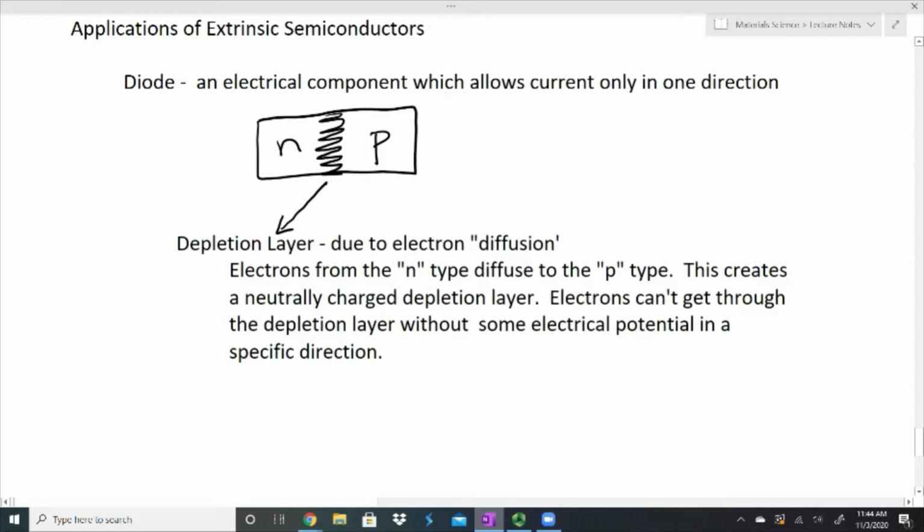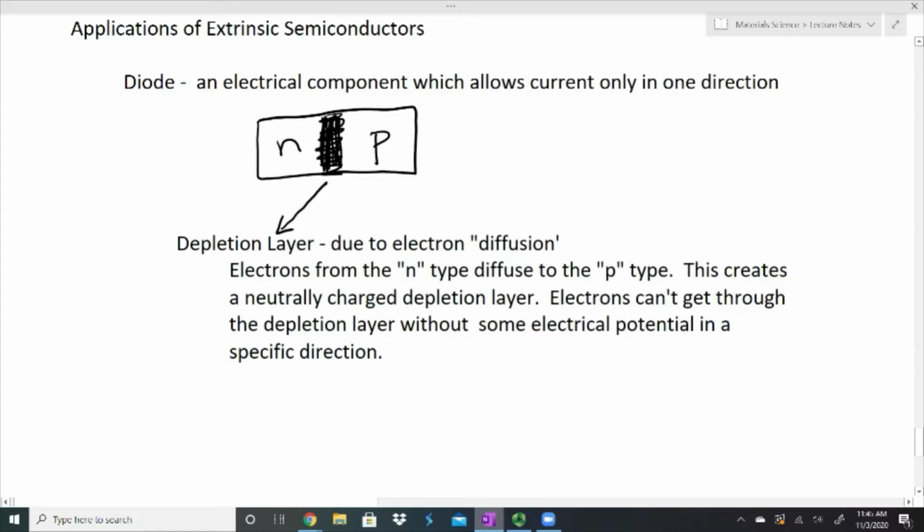What the depletion layer is, well, our N type has extra negative charges and our P type has these holes that could fill with an electron. So right there where they meet, some of these extra negative charges, let's say that phosphorus brings, are going to hop over, and those electrons are going to sit in the holes that, let's say, boron brings. In this middle area, our depletion layer, everything's happy.